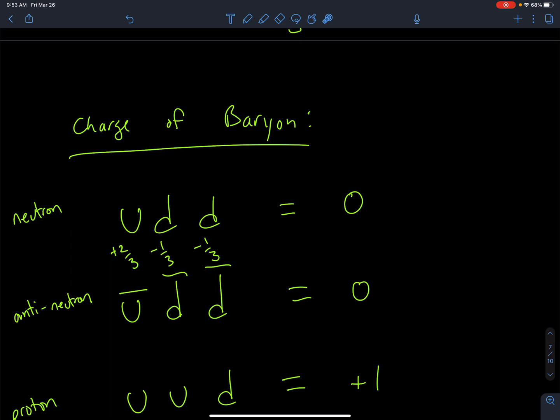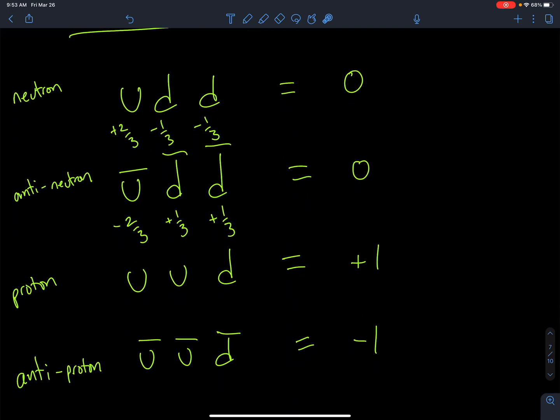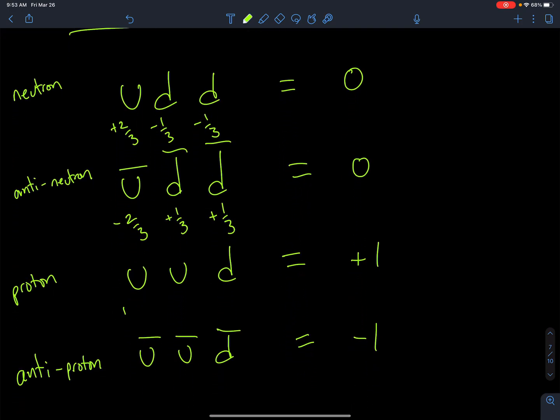Now, the anti-neutron would be made of the anti-quarks. So anti-up, which would be negative 2/3, and then anti-down, which is positive 1/3, and the anti-down is positive 1/3. You sum that up, and I would have a total net charge of 0. Okay. Now, if I look at a proton, it has two up quarks and a down quark.